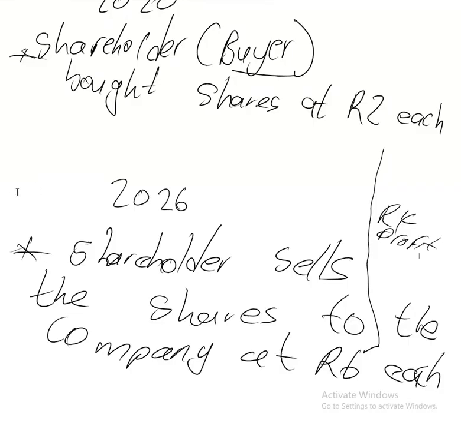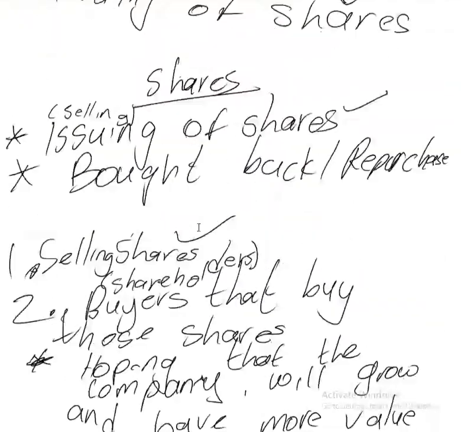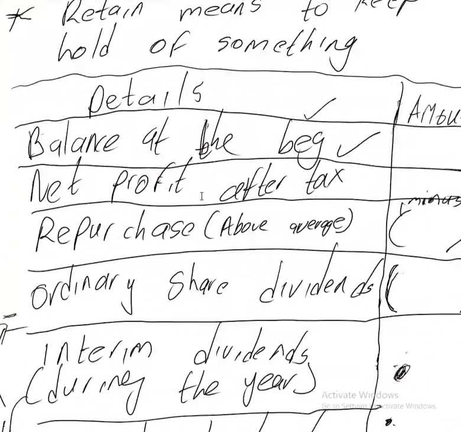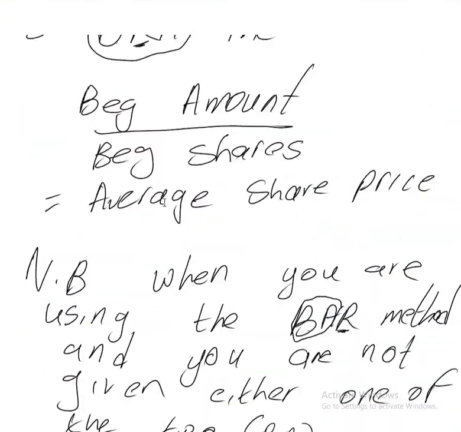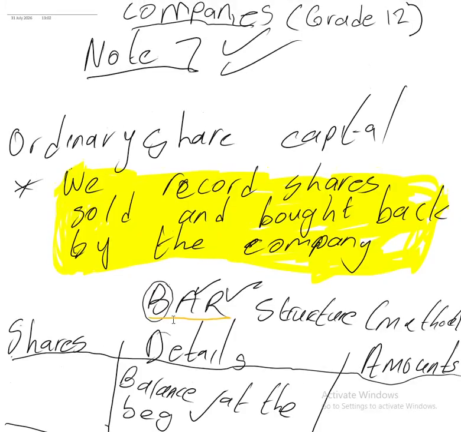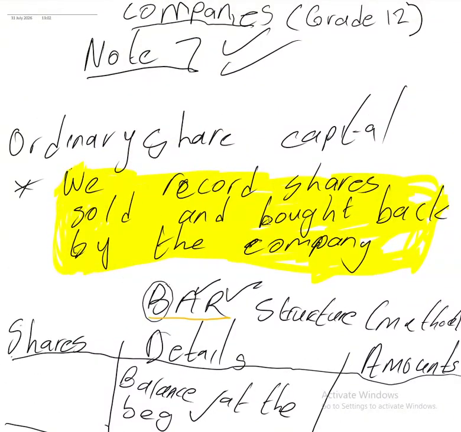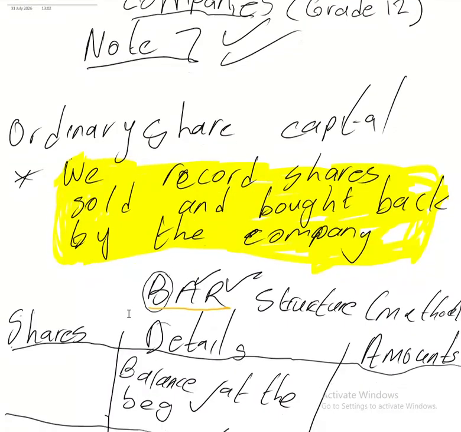So for us to be able to focus in detail on these two transactions, we'll be using note number 7 and note number. Now, note number 7, this is the ordinary share capital, right? So here, this is where we record shares sold and bought back by the company.